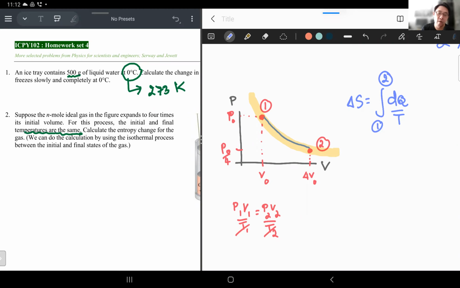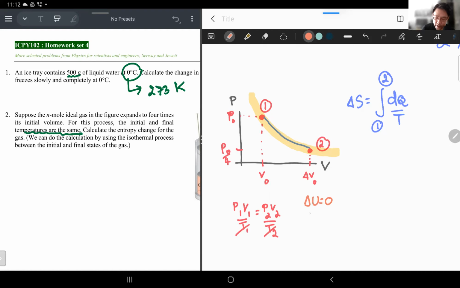Now, because we're connecting these 2 points using the isothermal process, we have already learned from the first law of thermodynamics that during the isothermal process, delta U is 0. No energy change.